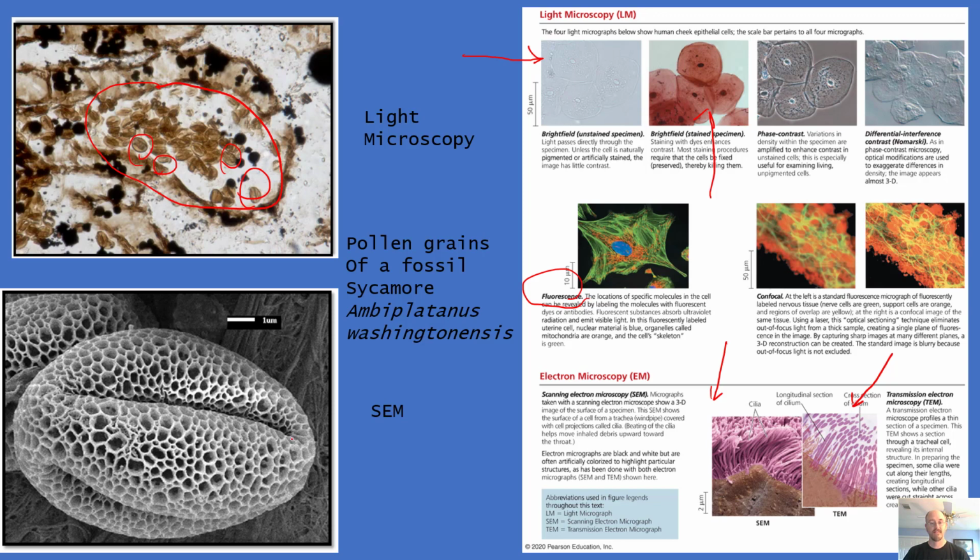But if we put them under scanning electron microscopy, you can see the scale bar here, that's 1 micron, you can see all the detail there that you can see on the external surface of that pollen grain. Now, if we were to slice that pollen grain and look at its structure that way, that would use transmission electron microscopy.